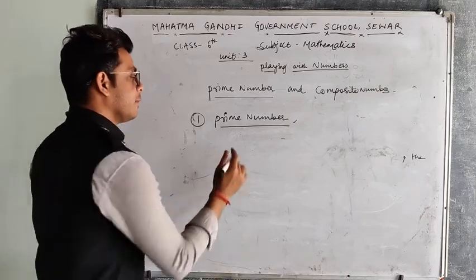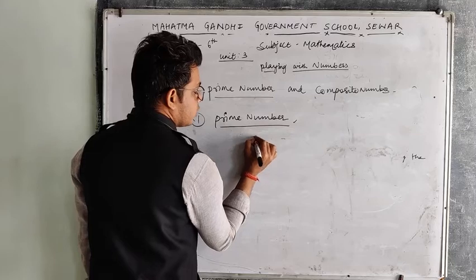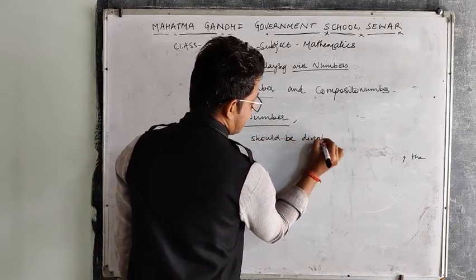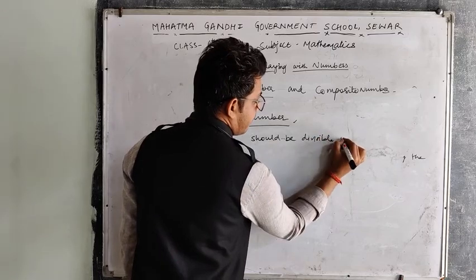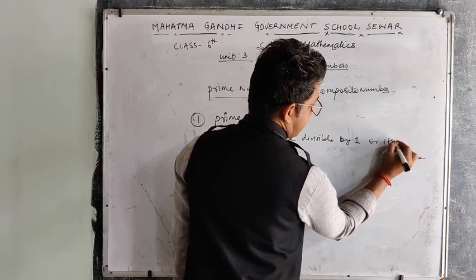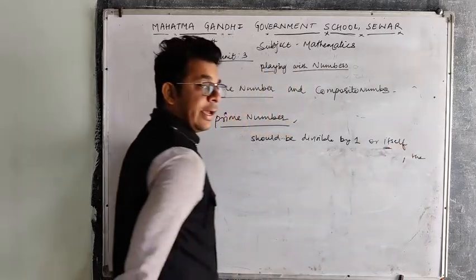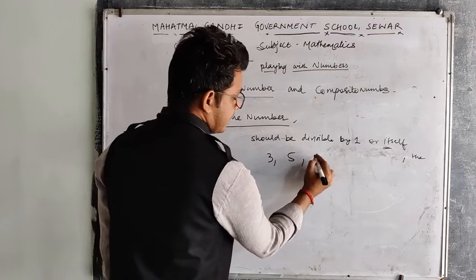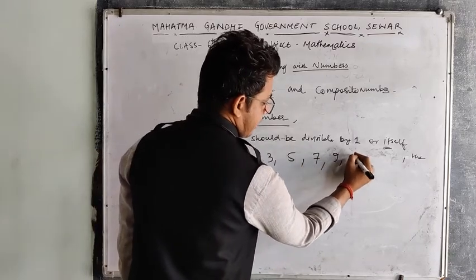Two conditions: it should be divisible by 1 or itself, like 3, 5, 7, 11.